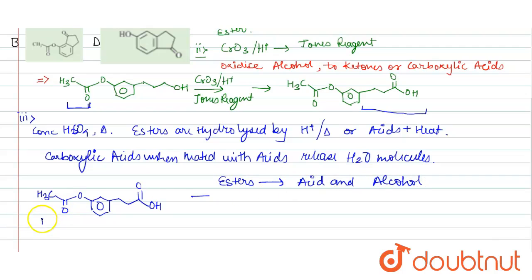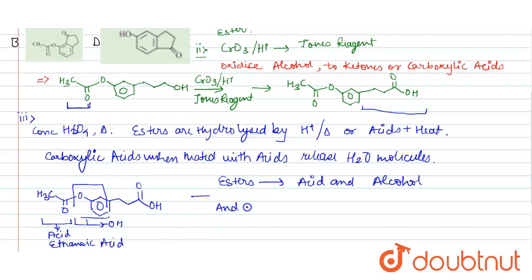So this part would become an acid, which would be ethanoic acid, and this small part would convert to OH. Hence, we would get a phenol at this position.